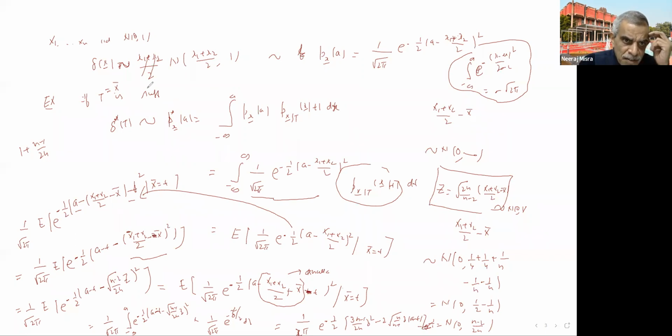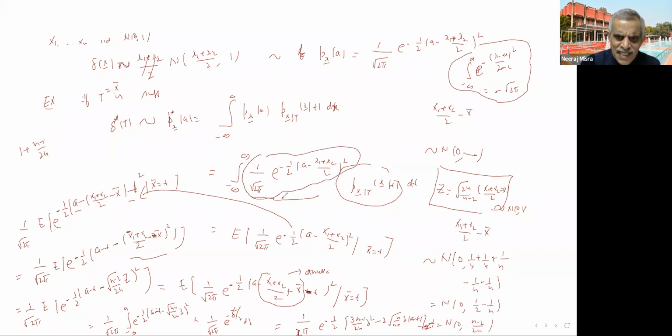Now in normal theta 1, x bar was a sufficient statistic, in fact minimal sufficient. So I just take the expected value of the estimator, which was x1 plus x2 by 2, with respect to the conditional distribution of x given t. So that means I have to take an expected value of this quantity.